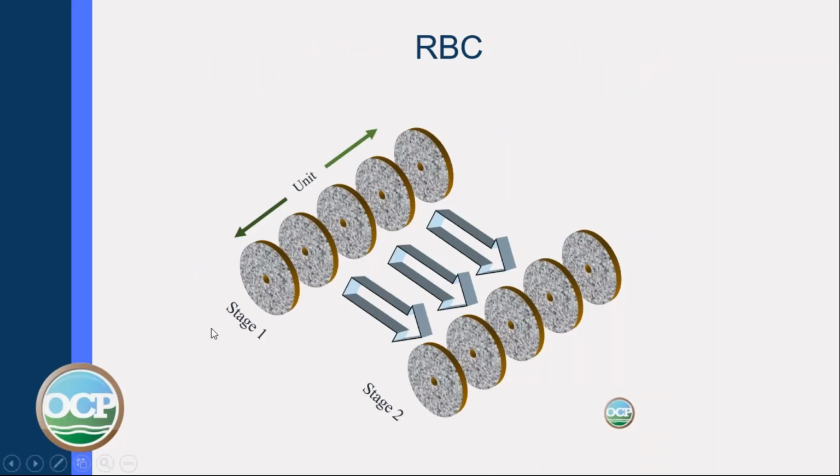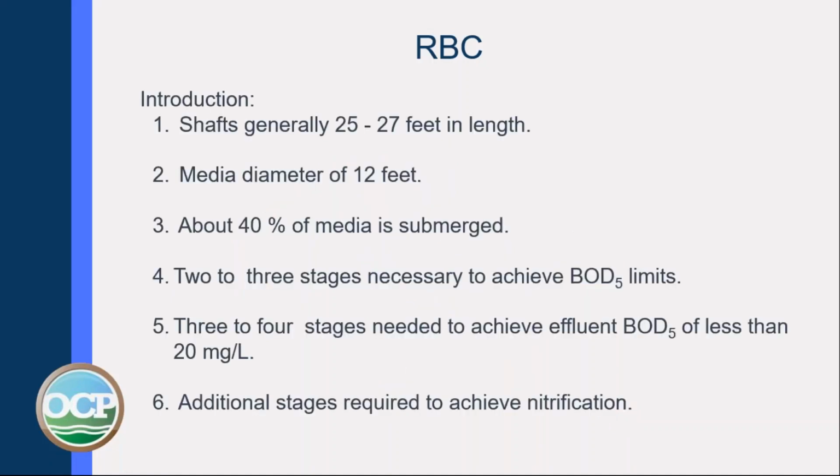This shows you a broken out picture of an RBC. This is one train they're showing you. This train has 2 stages with media in each stage. These wheels are constantly turning. About 40% of the media is submerged at one time. The shafts are generally 25 to 27 feet in length.